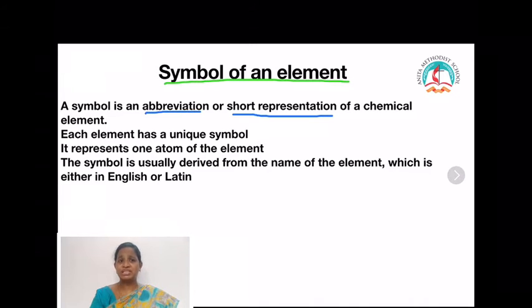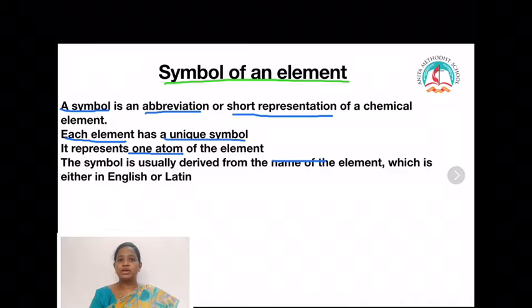Each element has a unique symbol. The symbol represents one atom of the element. The symbol is usually derived from the name of the element, which is either in English or in Latin language.